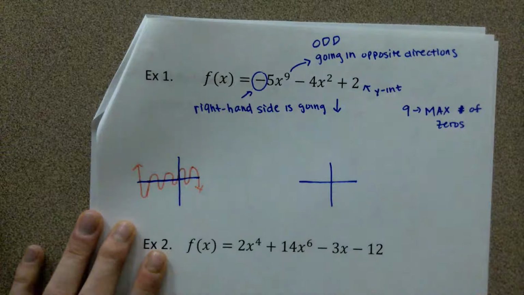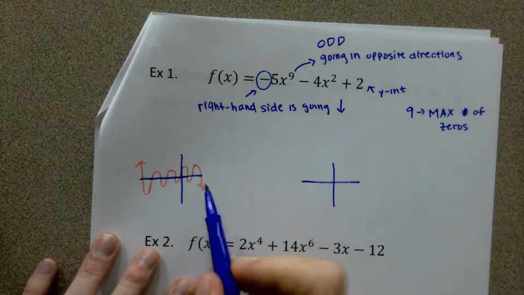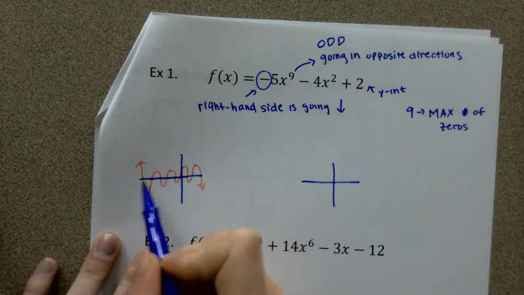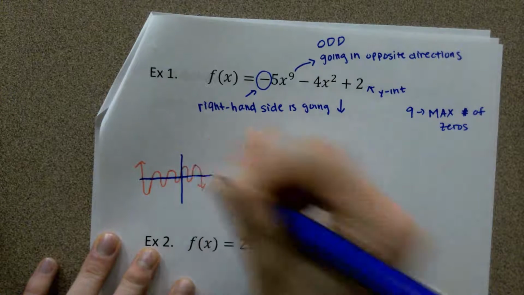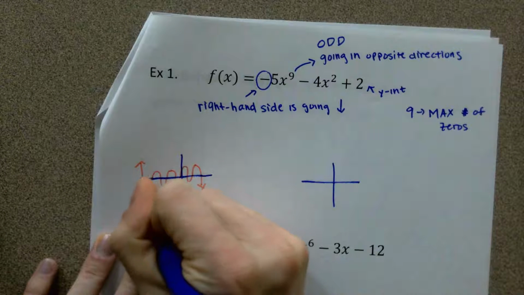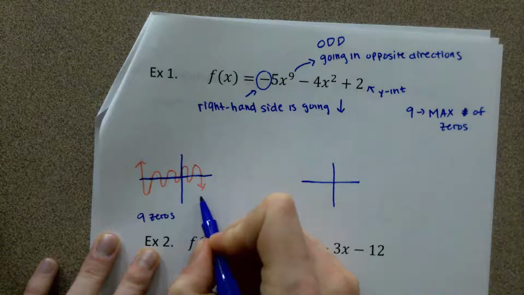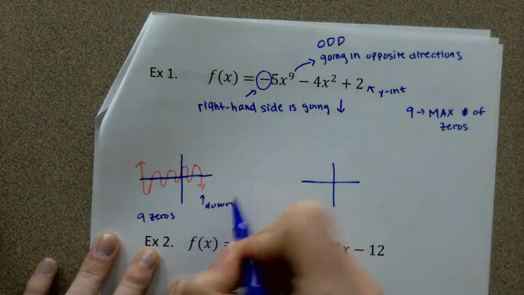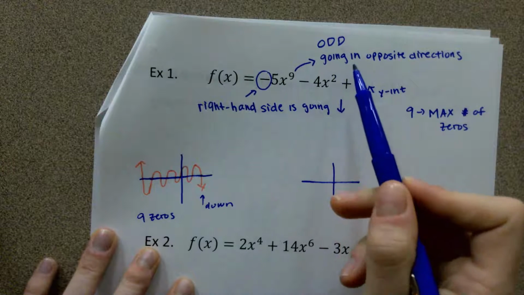Okay. So my right hand side is going down. 1, 2, 3, 4, 5, 6, 7, 8, 9. Okay, so I have 9 zeros. My right hand side is going down, which is what we need. My left hand side is going up because they're opposite.